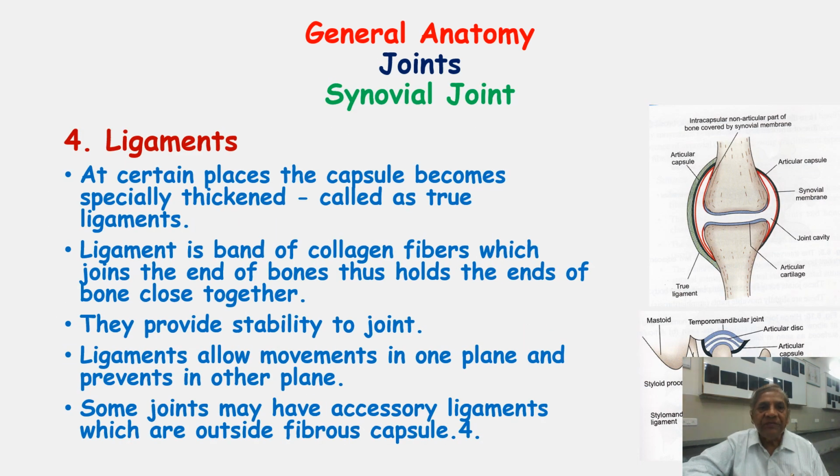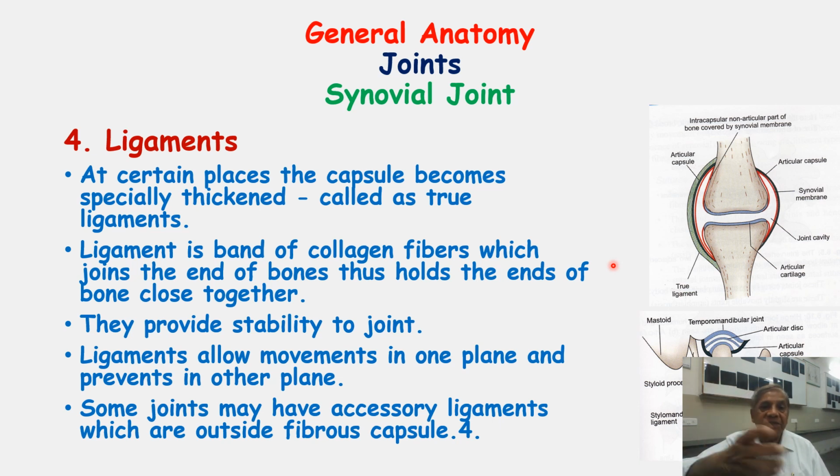bones. Coming to the fourth part of a synovial joint, the articular capsule. You can see this broad dashed line which I have drawn here. It is the ligament, outside the articular capsule. Ligaments are either part of the capsule, where thickening of the capsule itself forms the ligament.